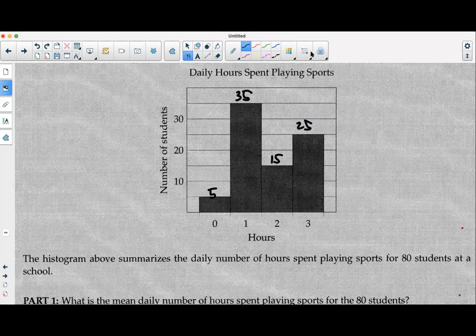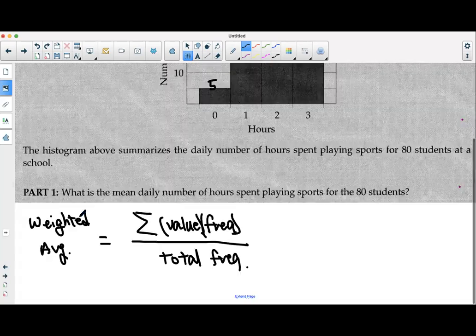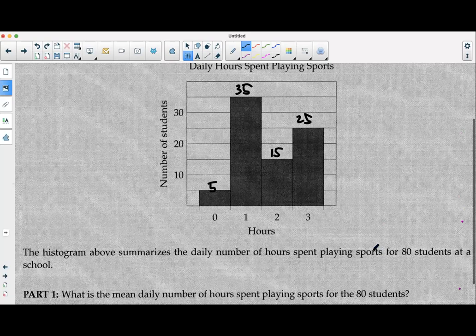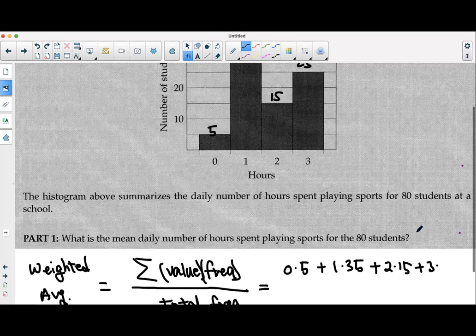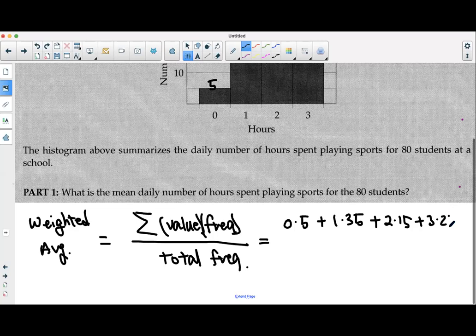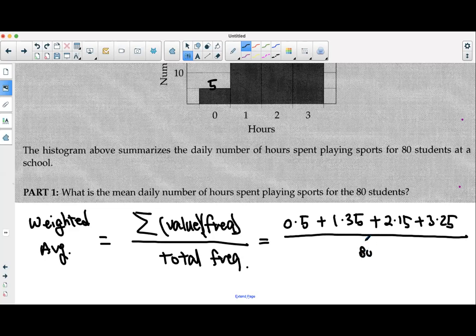So therefore, my numerator for the weighted average becomes 0 times 5 plus 1 times 35 plus 2 times 15 plus 3 times 25, and divide the whole thing by 80, because 80 is the total. So you could have done it this way.